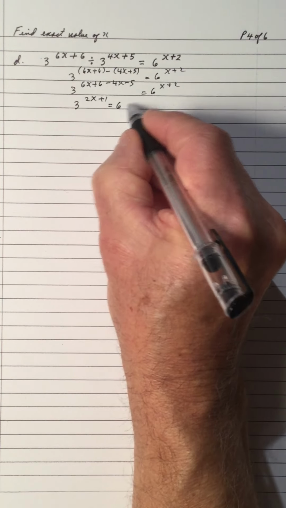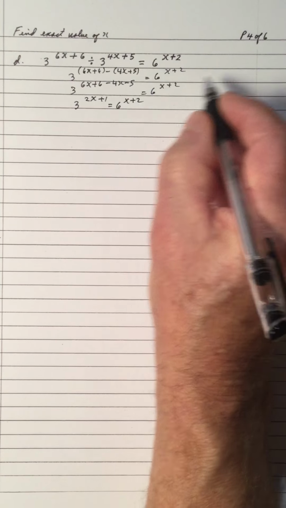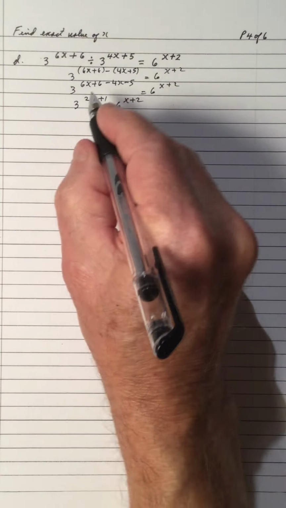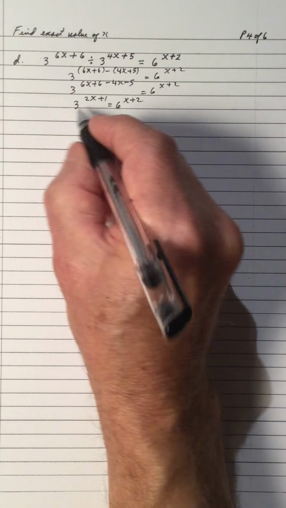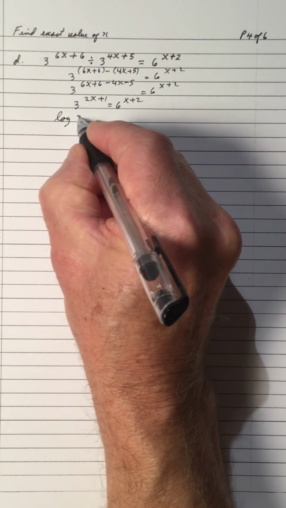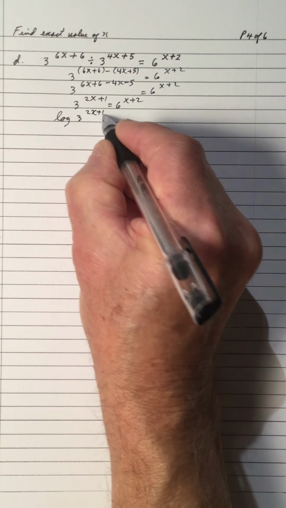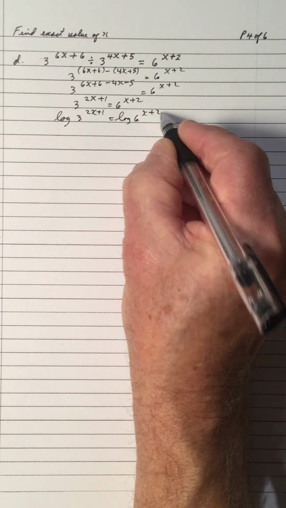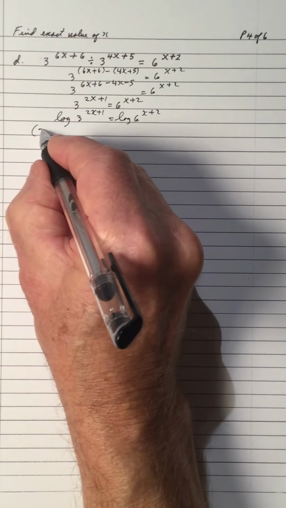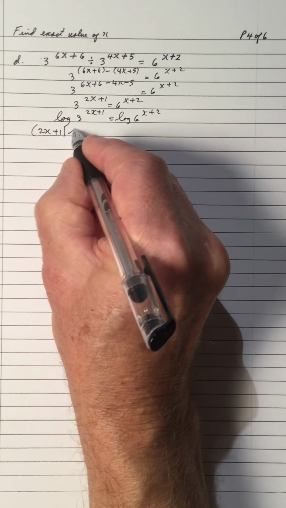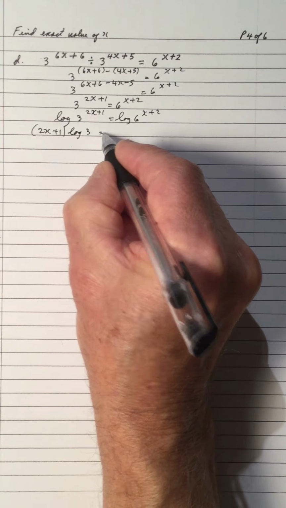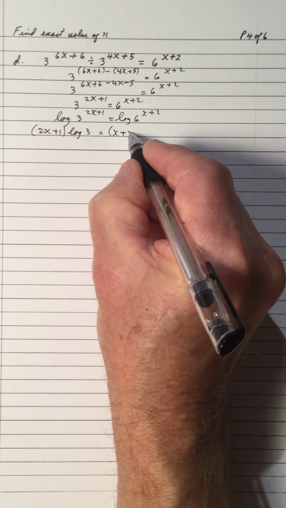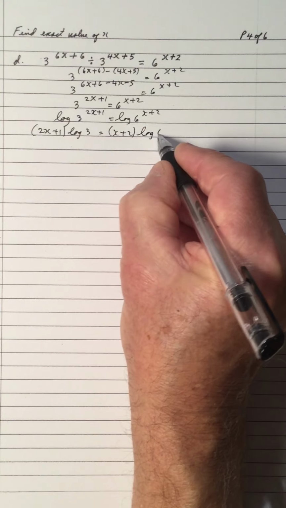What that does is make it a little bit easier when we do the log of each side. Notice the x is in the exponent of each, so we'll do the log of each side. That means the power moves to the front, so 2x plus 1 log 3 equals x plus 2 log 6.